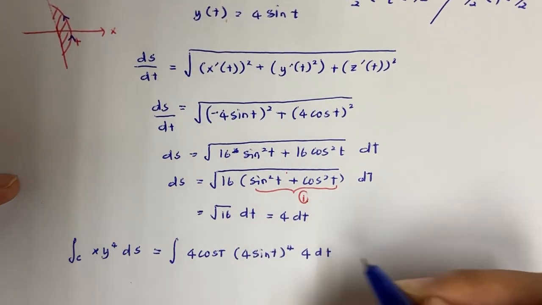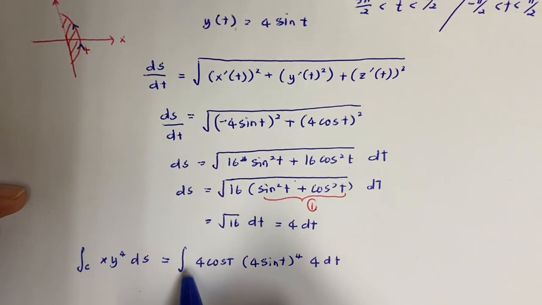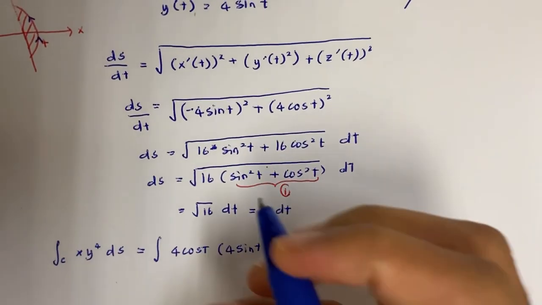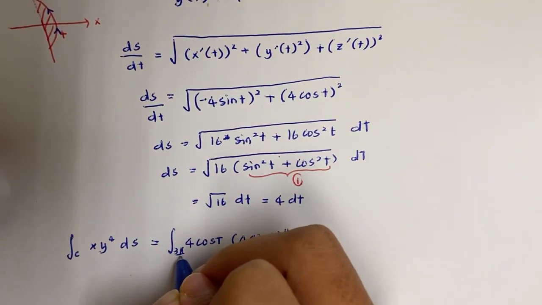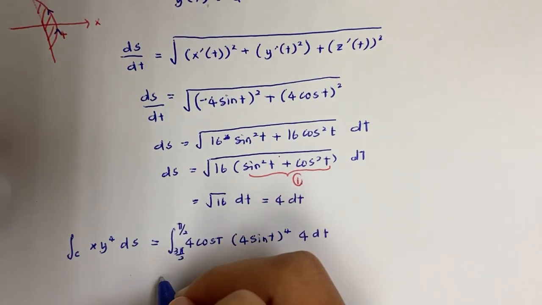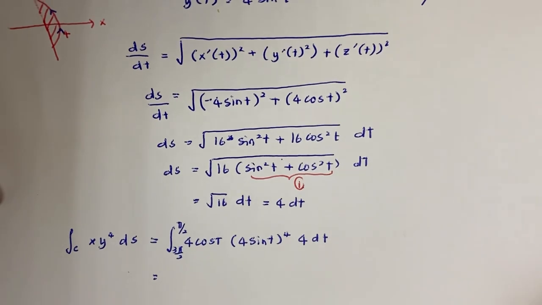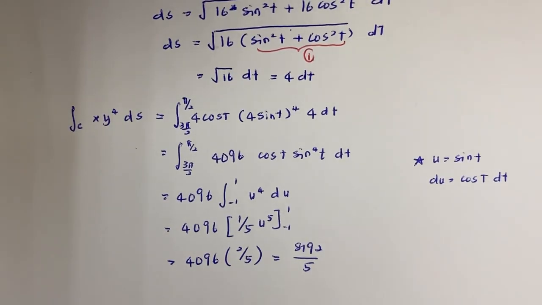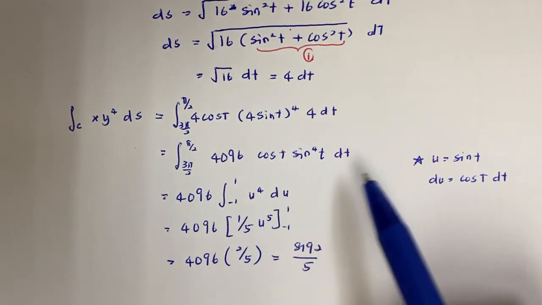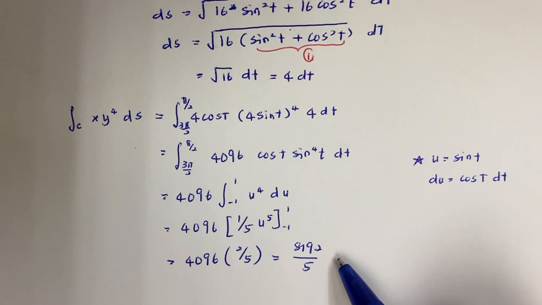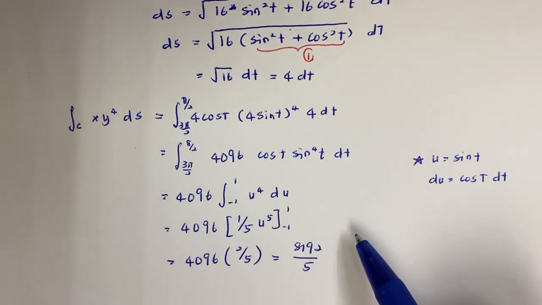And then for the range, substitute the range for t, 3 pi over 2 to pi over 2, or negative pi over 2 to pi over 2. And then we just continue with the integration. Do the integration and apply integration by substitution here. So you get the final answer equal to 8192 over 5.